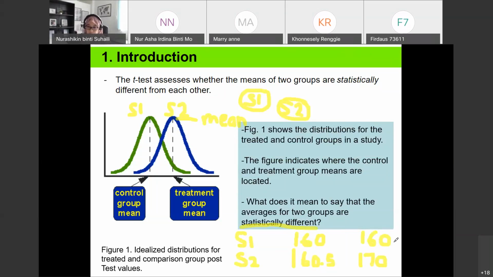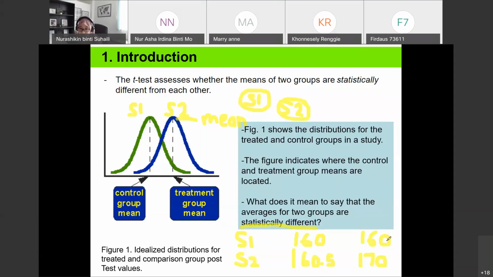So of course, if you don't analyze using statistics, you can see that in the first situation, the difference between S1 and S2 is only 0.5, so the difference is little, right? And in the second case, where the difference is 10 cm, the difference is quite significant, or quite obvious.